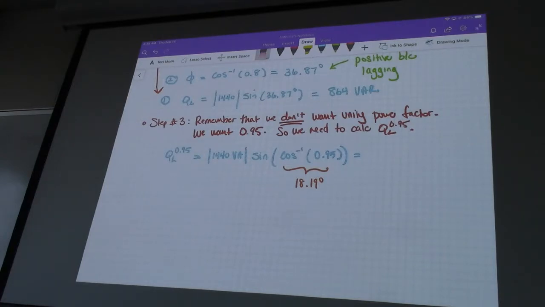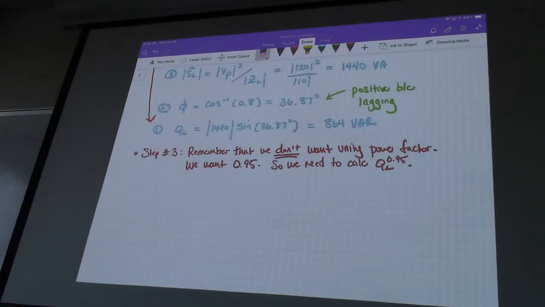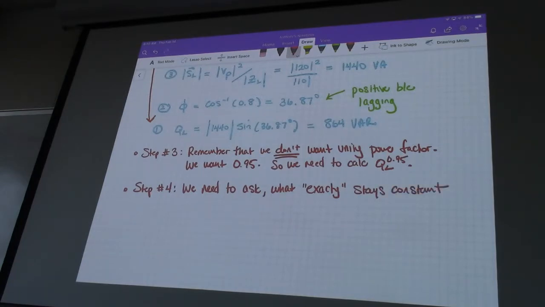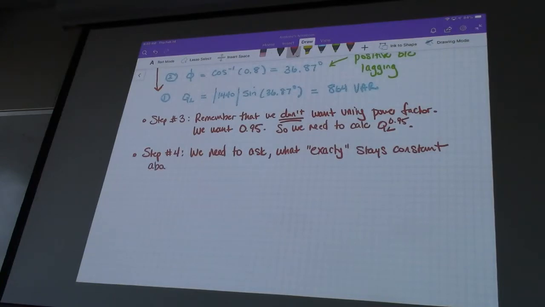I'm going to need to do a little bit of erasing here. So remember, we don't want unity power factor, we want 0.95, so we need to calculate the QL at 0.95. Step number 4. Should be a 2.